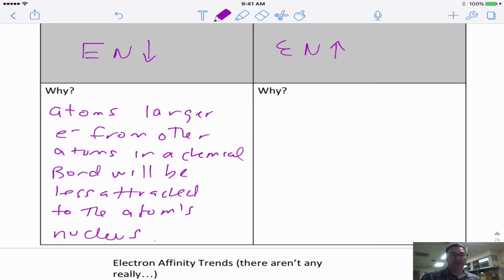So this is kind of like the shielding effect. There's these shielding electrons. They're shielding not only the atom's own electrons, but also electrons from another atom.